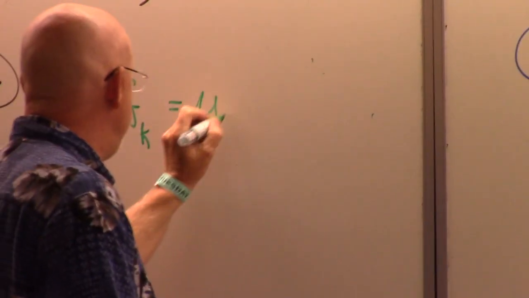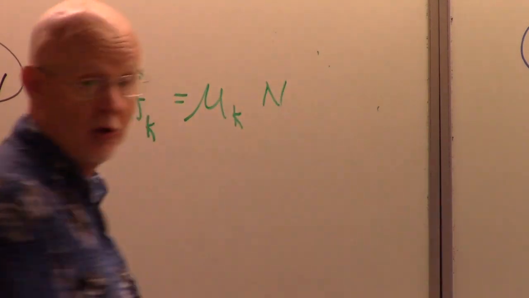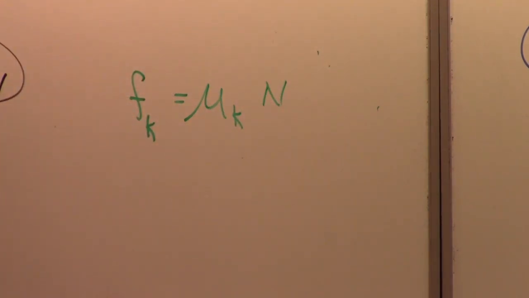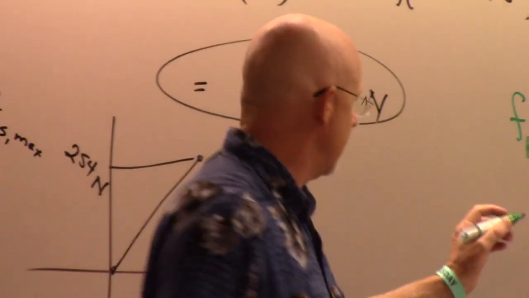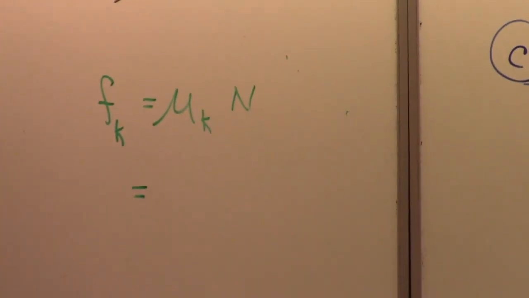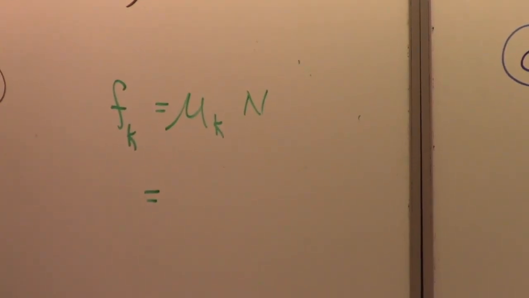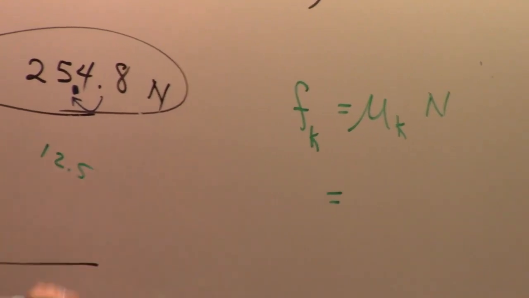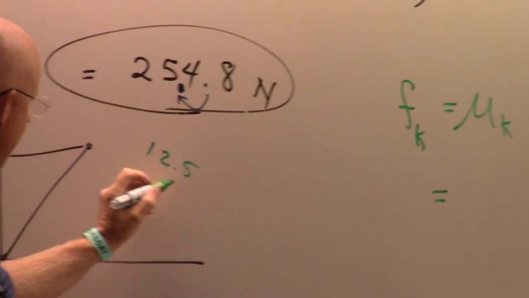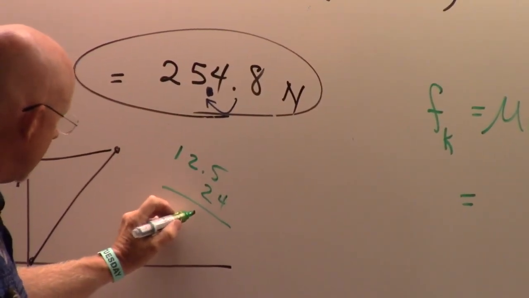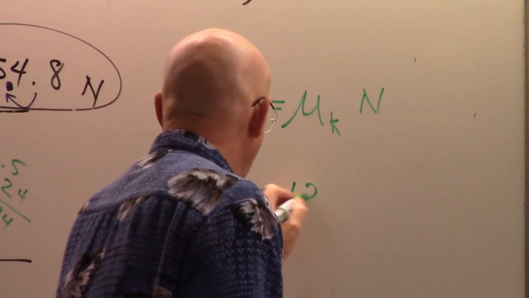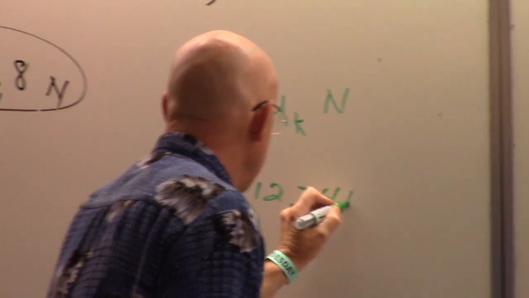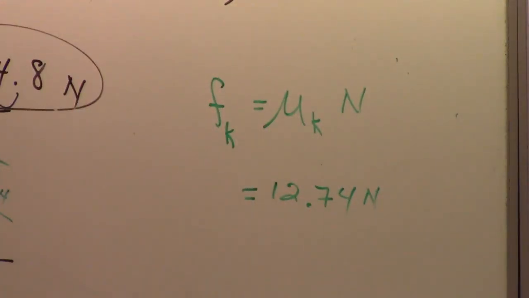That's the coefficient of kinetic friction times the normal. And if you remember, it's half as much, so I can just cut this in half. So let's see. Half of 25 is 12 and a half, and half of 48 is 24. So maybe I could do that in my head.